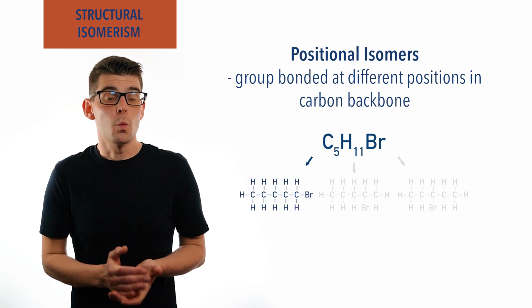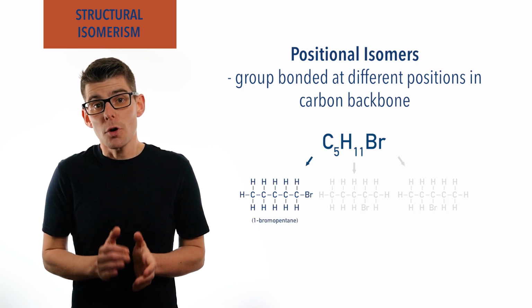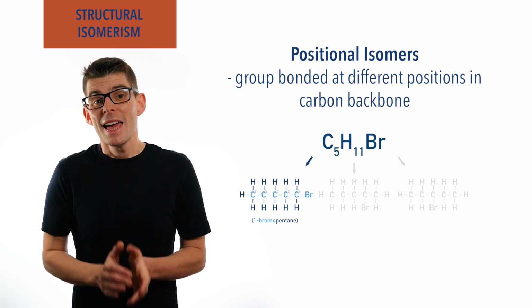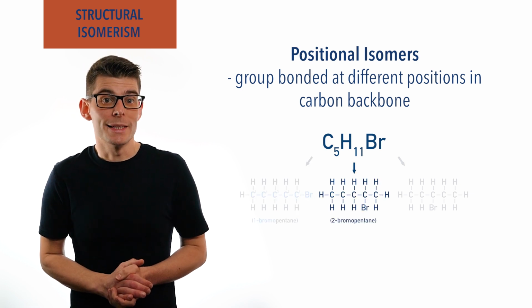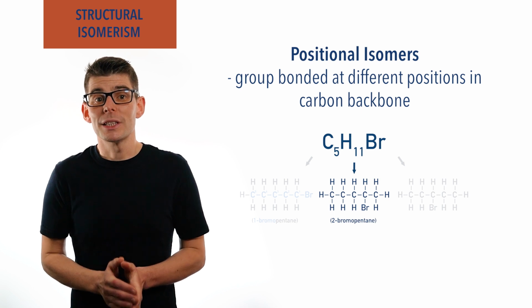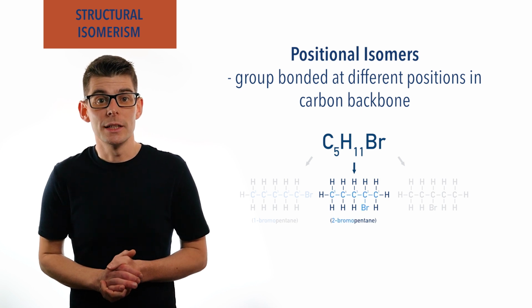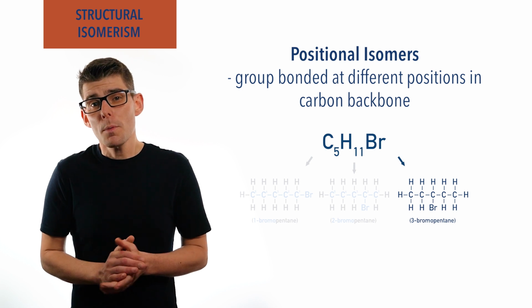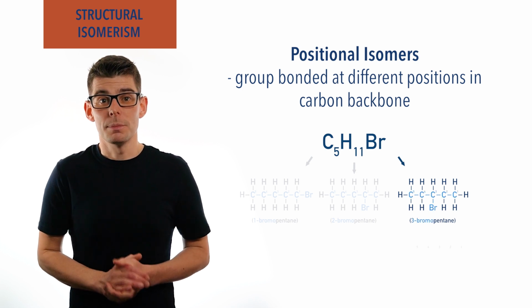In the first, 1-bromopentane, the bromo group is bonded to the first carbon in the backbone. In the second, 2-bromopentane, the bromo group is bonded to the second carbon in the chain. And in the third, 3-bromopentane, the bromo group is bonded to the third carbon.